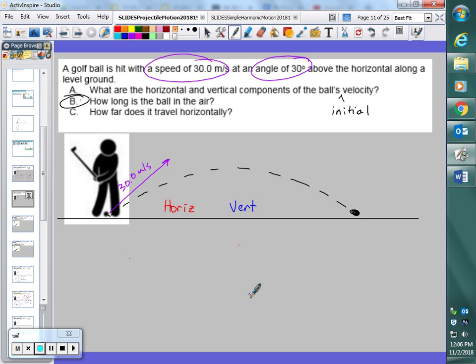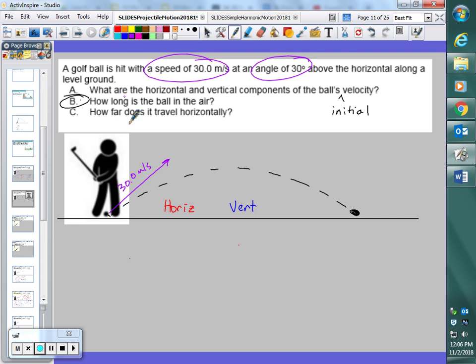Hopefully, we're at the point right now that we recognize time being scalar, right? It doesn't have direction. Therefore, we hopefully know that time horizontal and time vertical has to be the same. So it's asking us to solve for time.